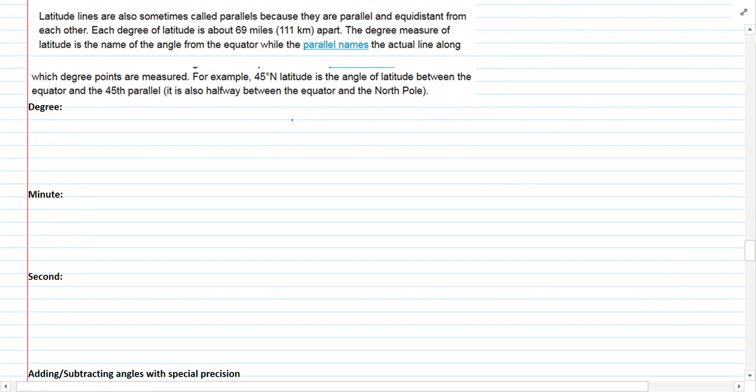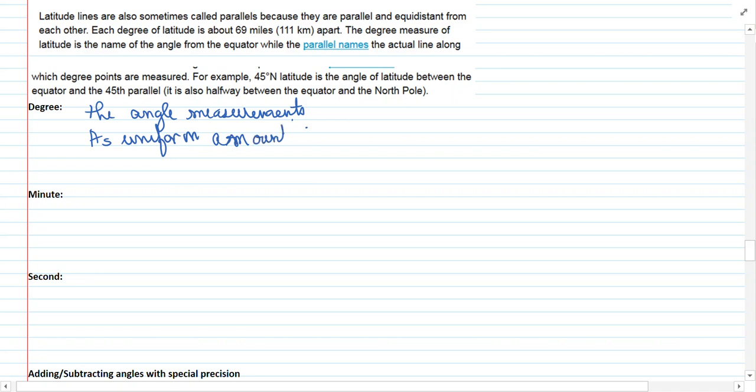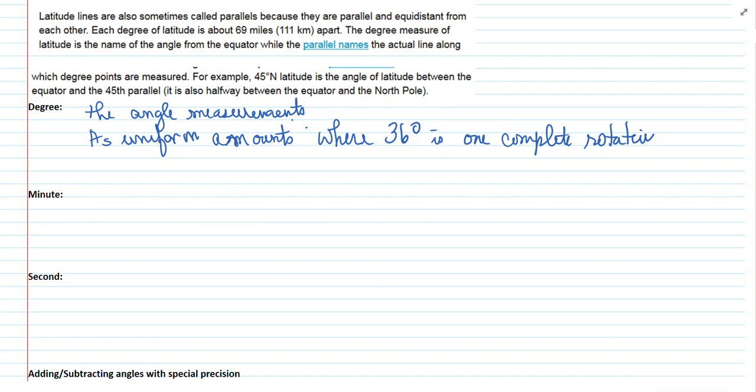So here I have it broken down again. The angle measurements as uniform amounts for 360 degrees is one complete rotation.